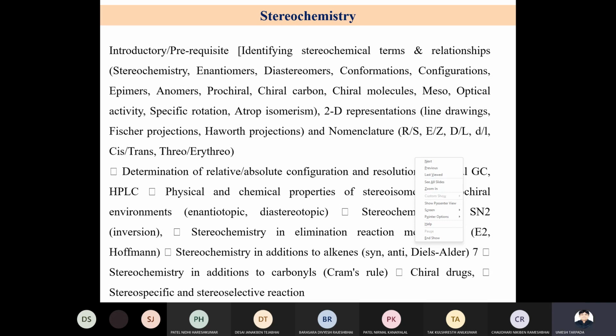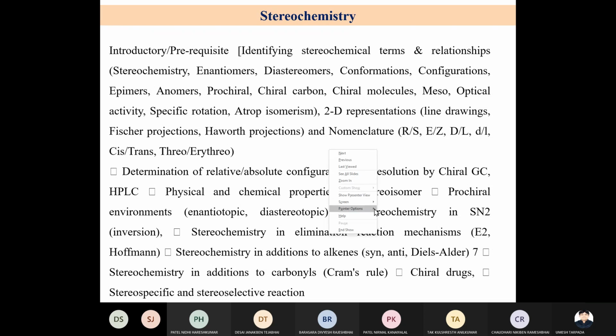So these are the various terms. Then second, after the introduction of these terms, you have the CIP nomenclature.